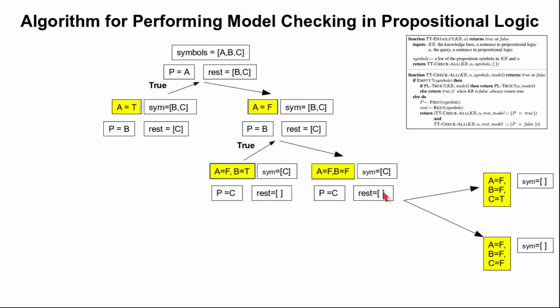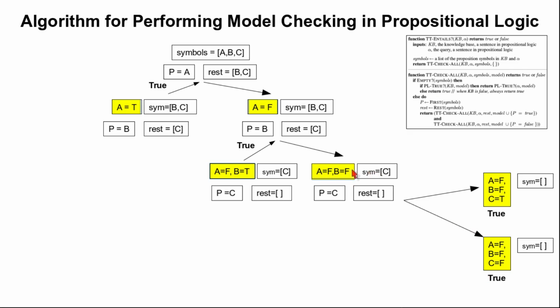Since rest was an empty list here, symbols will also be an empty list, because whatever we pass along as rest will be taken by symbols. Rest is the third argument here, and here also symbols is the third argument. So what you pass as rest will be taken by symbols. So our list of symbols will be empty, and for this recursive call the symbol list is empty, so we'll perform this evaluation, and let's say this evaluates to true, and this call also evaluates to true.